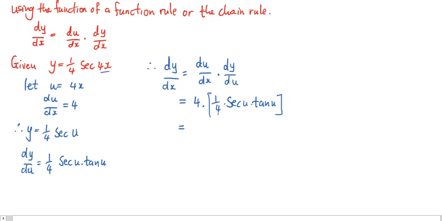When you multiply 4 into the bracket, we get sec of u multiplied by tan of u, and then we can replace u back as 4x. So that will give us sec of 4x multiplied by the tan of 4x. So that is our dy over dx.